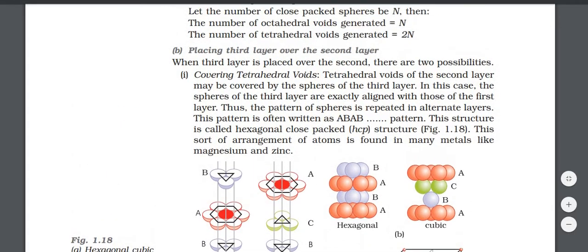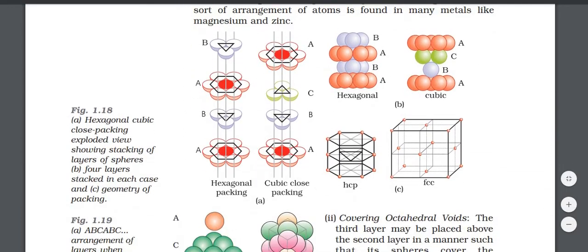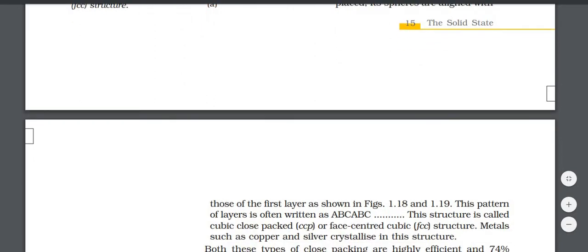As you have seen previously, the number of tetrahedral voids is double the number of octahedral voids, and the number of octahedral voids is equal to the number of atoms. This is the concept used in the numericals. Let us see how it is applicable.